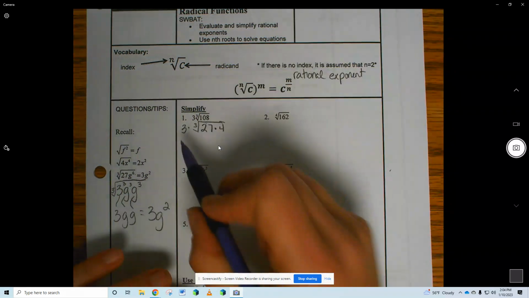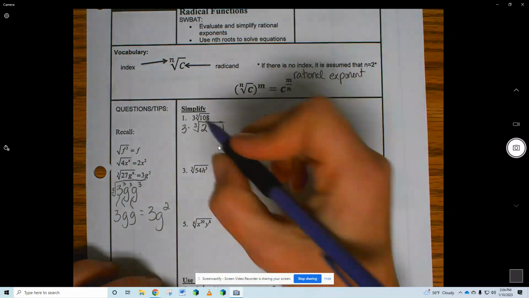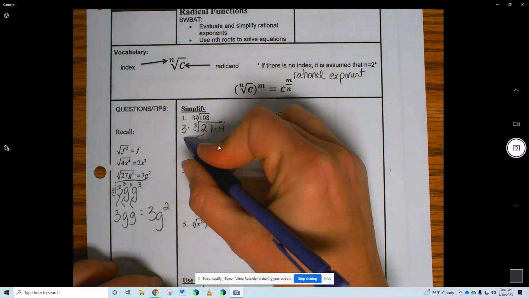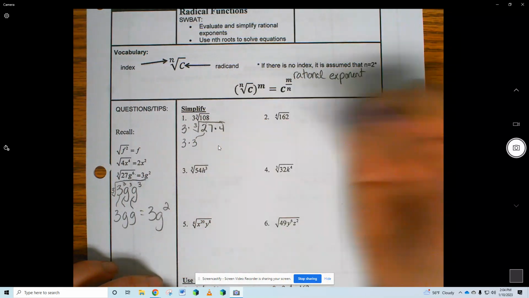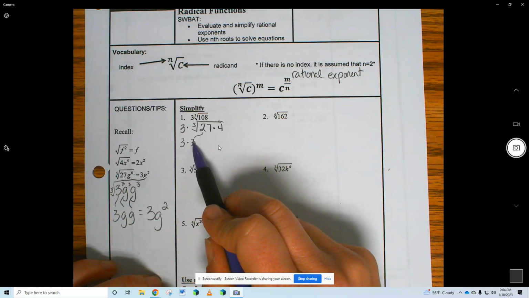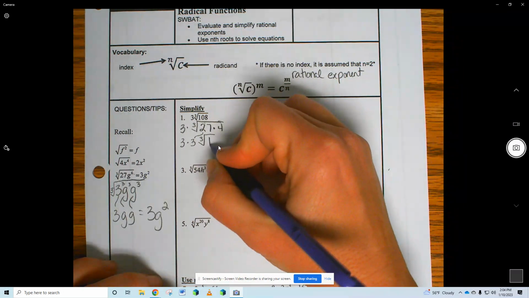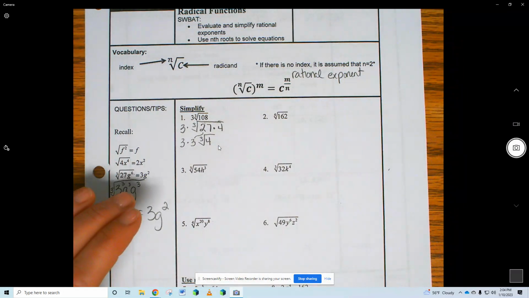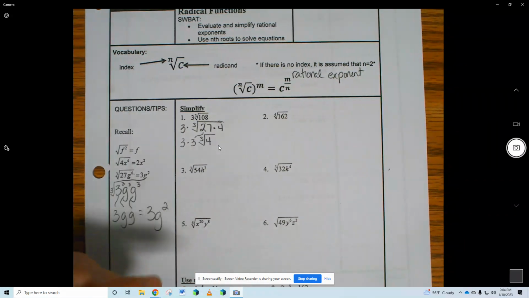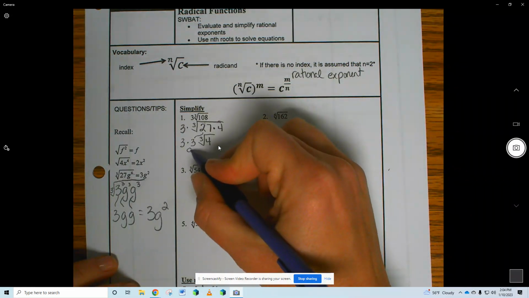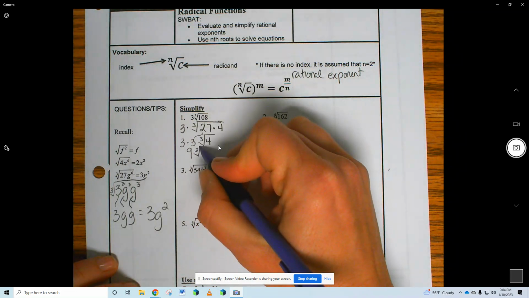So the 3 stays on the outside. This cube root of 27 means that a 3 is coming out. So I said that this 27, cube root of 27 became a 3. But there is still a 4 underneath that I cannot change. The answer is 9 times the cube root of 4.